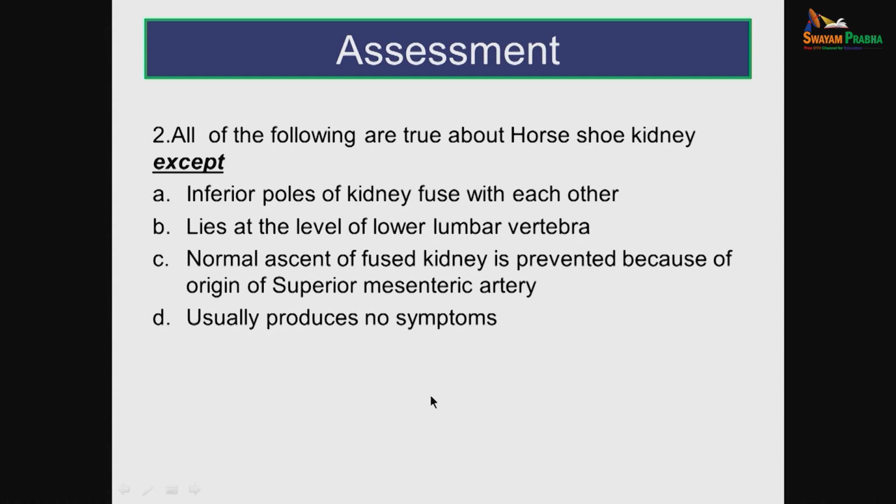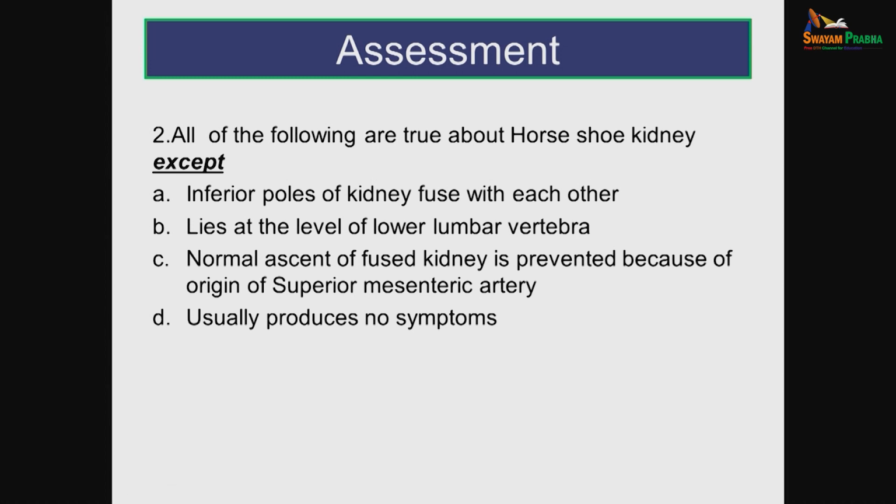The answer is C. The reason being the normal ascent of fused kidney is prevented because of origin of inferior mesenteric artery.